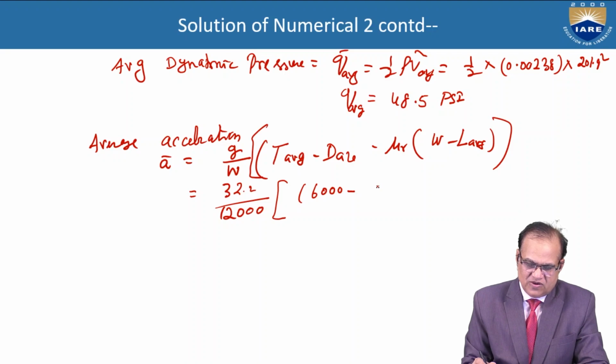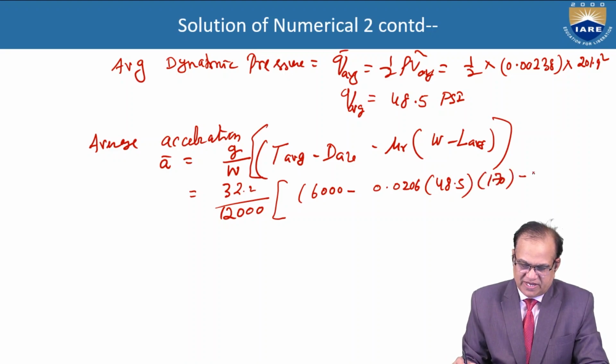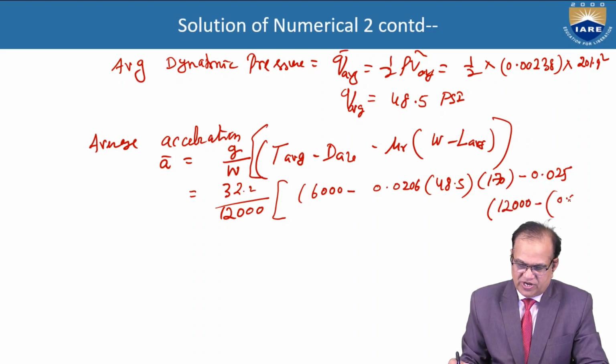We have seen that it is 0.0206 into 48.5 into 170, minus 0.025, that is mu r, into W is 12,000, minus 0.0675 into 48.5 into 170.